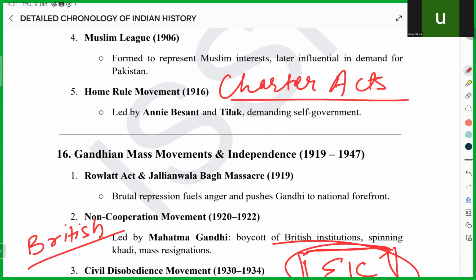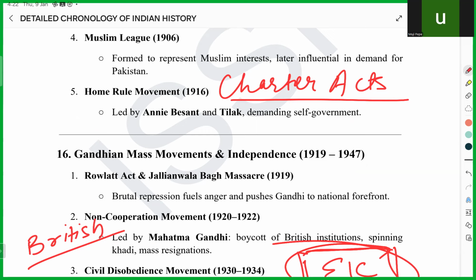Every 20 years they used to pass this charter act, and with every charter act the powers of the East India Company were reduced little by little. And finally, in 1857, the East India Company, the private corporation which was ruling us, was dislodged on the pretext of dissatisfaction of the Indian natives and misgovernance, and they were totally removed.